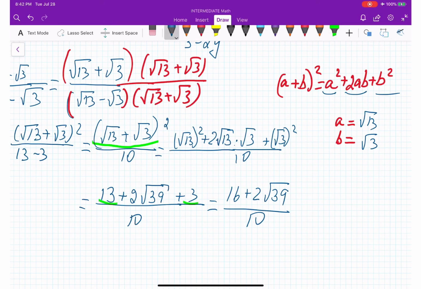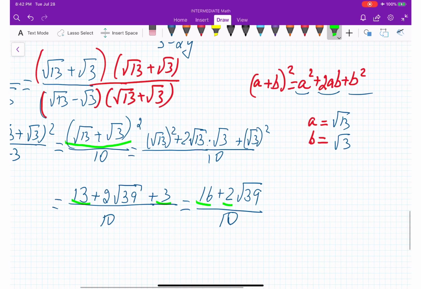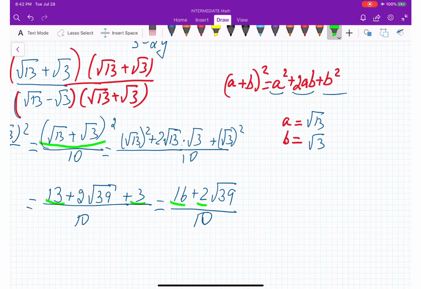Okay, now I'm looking here. I can take a common factor also between 16 and 2. Whoever doesn't know how to take a common factor, find my video on factoring.